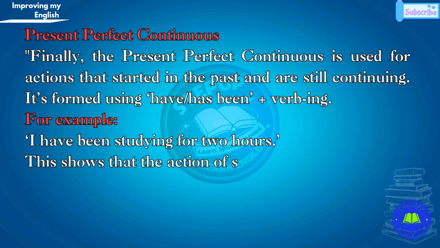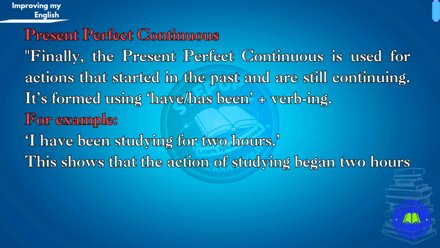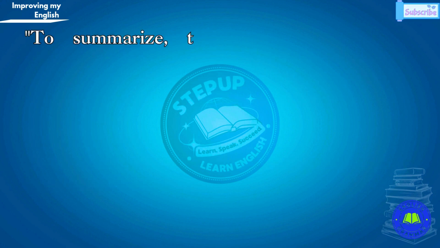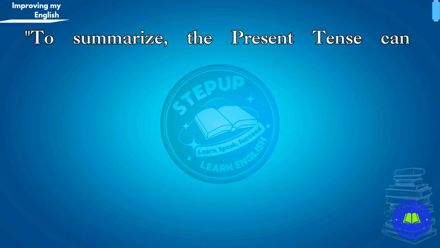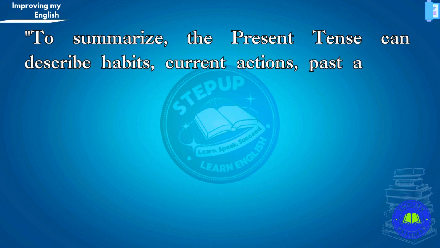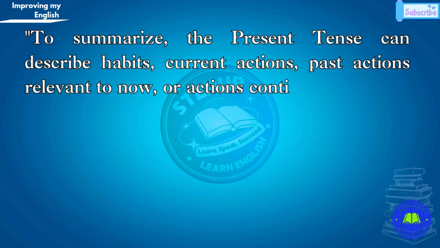This shows that the action of studying began 2 hours ago and is still happening. To summarize, the present tense can describe habits, current actions, past actions relevant to now, or actions continuing from the past to the present.